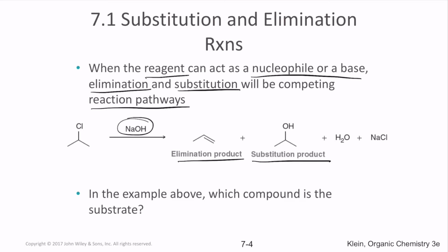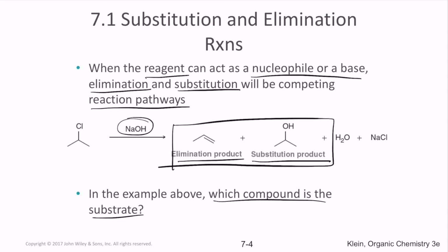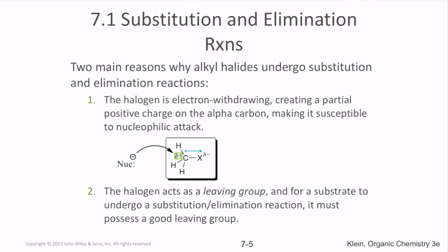In the above example, which compound is the substrate? The substrate is the starting compound that gives rise to both the elimination and substitution products. Now there are two main reasons why alkyl halides generally undergo substitution and elimination reactions.